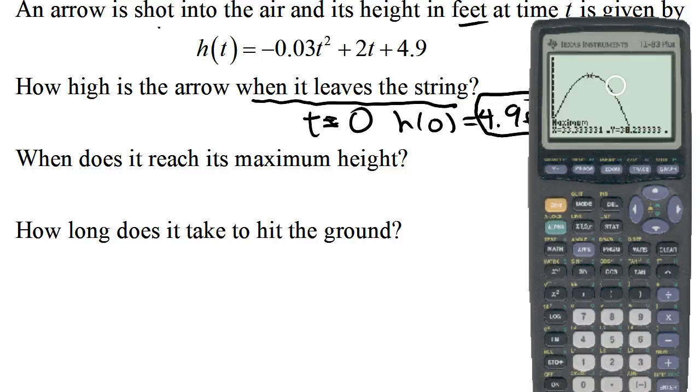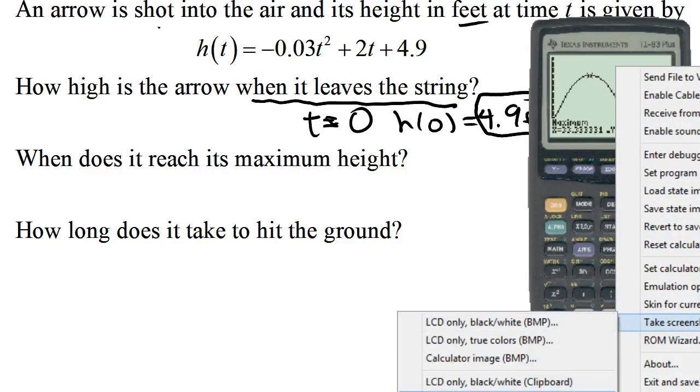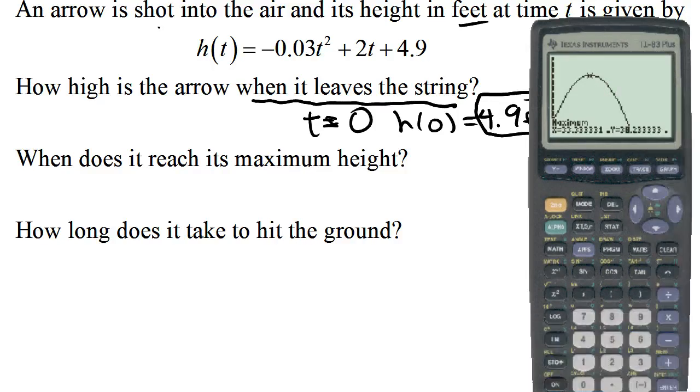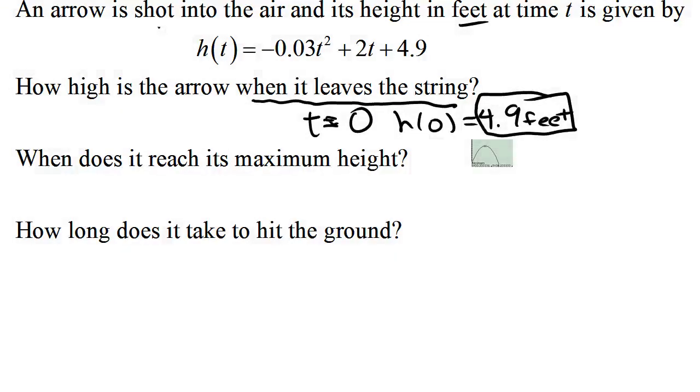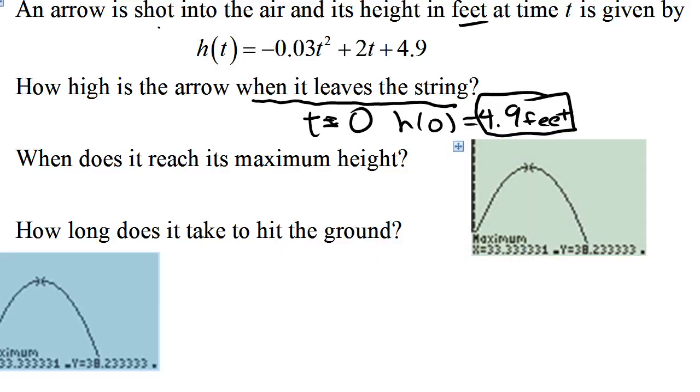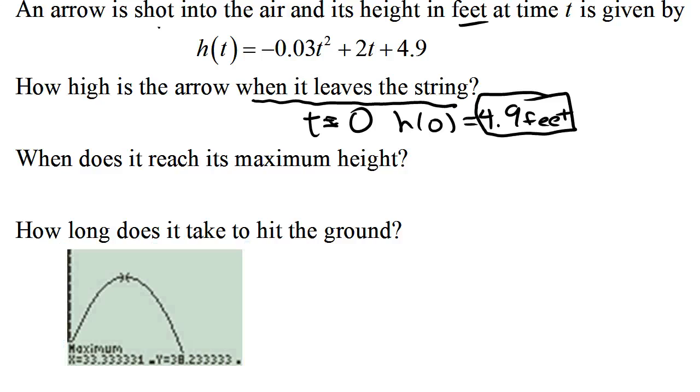Let's actually take the calculator window and paste it here. Let's grab it, enlarge it, put it down here, and then we can use that to answer our question, which is not what the maximum height is, but when, the time t.